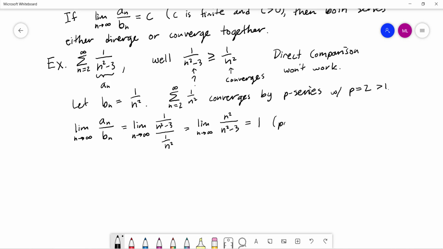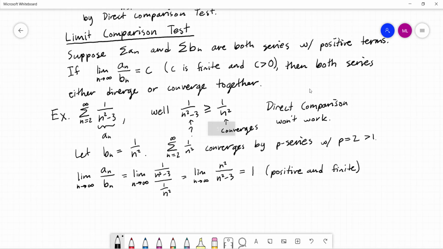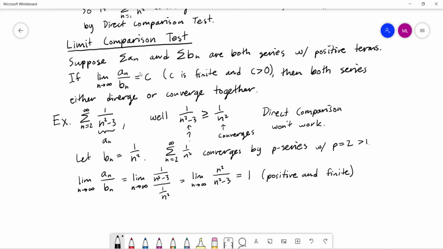So positive and finite. So we get the requirement here satisfied, that we need to get a constant that's finite and positive. So both series are going to have the same behavior.